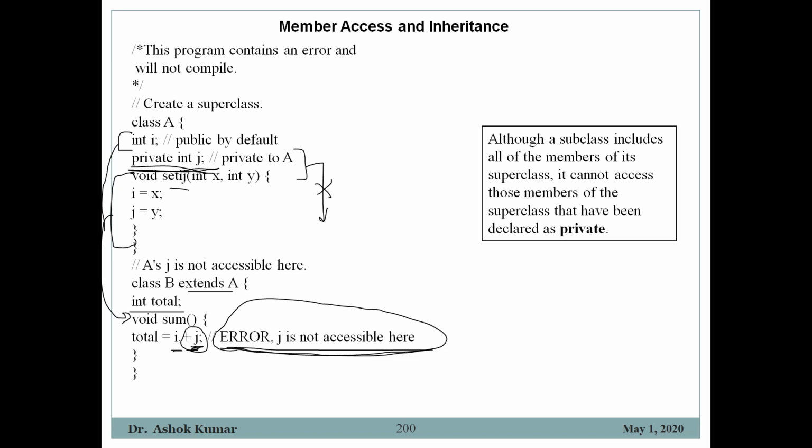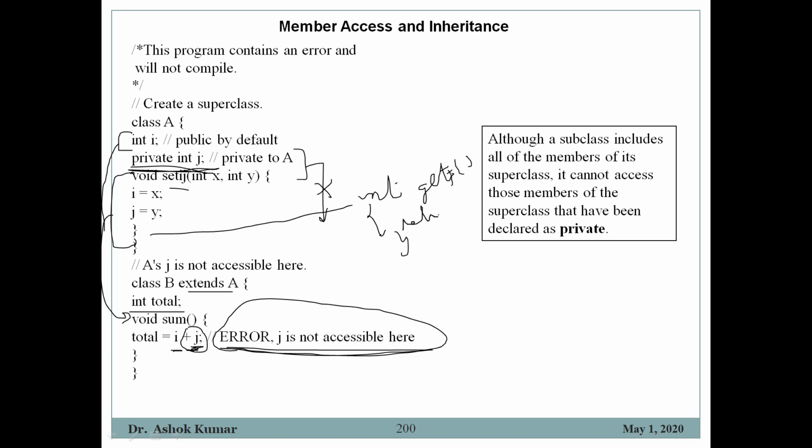So if I want to find the sum of i and j, I will write one method in this class, and that method should be int, and then I can give it the name getj, and this method, when it is called, should return the value of j.